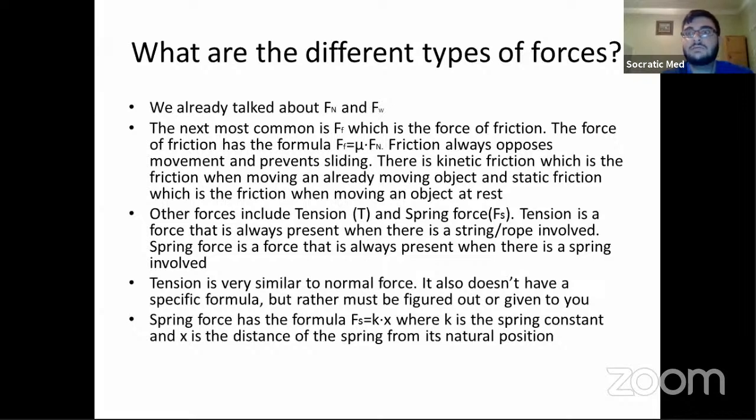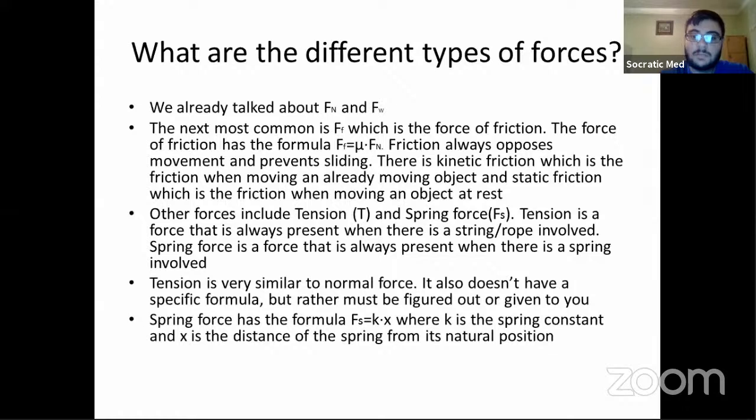So they may give you something hanging on a string, and you know that the object is not accelerating, so you know the net force is 0. If you know the net force is 0 and you know the force of gravity, you'd be able to find out what the tension is, right? Because it opposes gravity and acceleration is 0. Otherwise, it could be given to you in the problem.